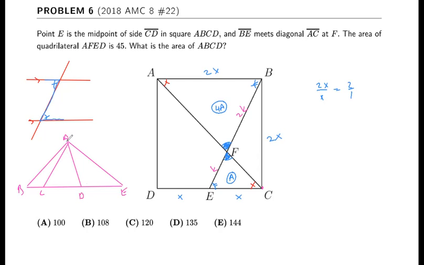Since the corner A is the same, if you drop the altitude from A to BE, that height will be the height for all of those triangles. So let's say this is 1, this is 3, and this is 7. Then if this area is 1A, that will be 3A, and that will be 7A.